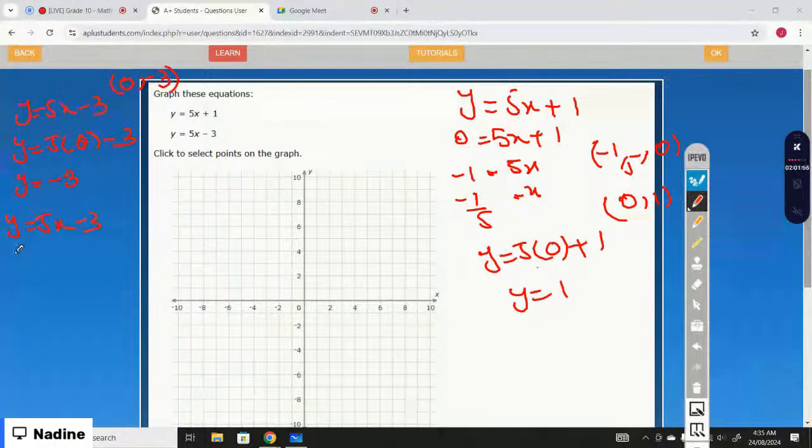Now when y is 0, 0 equals 5x minus 3. So 5x equals 3, x equals 3 over 5, right? So when x is 3 over 5, y is 0, right?